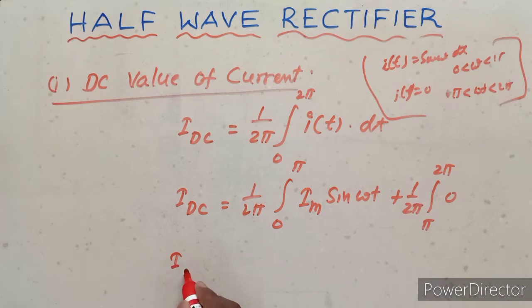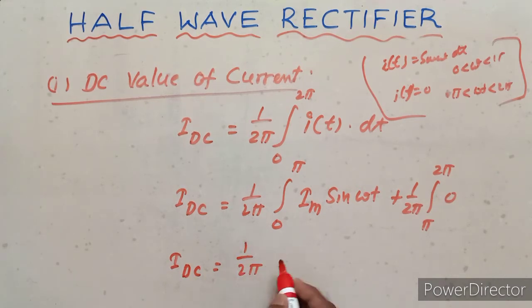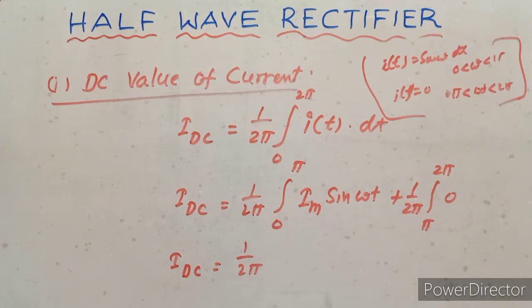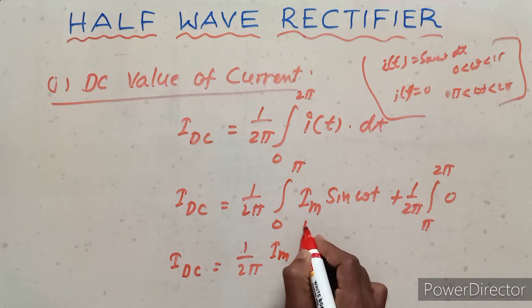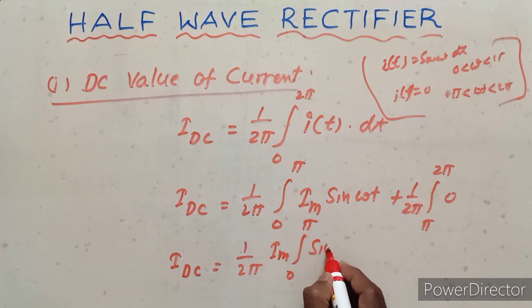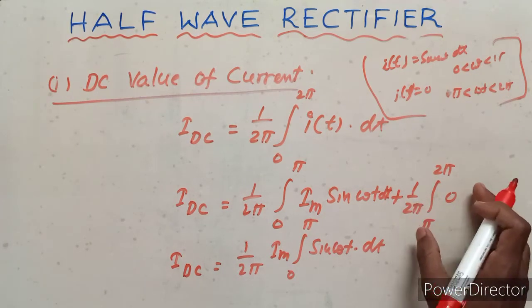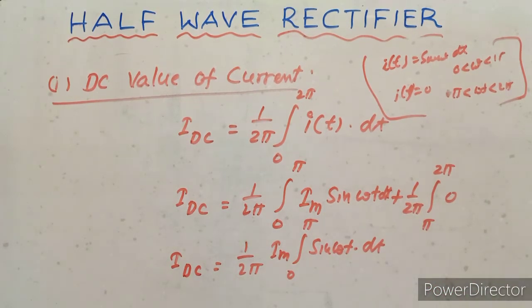So the DC current equals 1 upon 2 pi, integration 0 to pi. Here Im is constant, so Im times the integration of sin omega t dt, and the second part is 0.